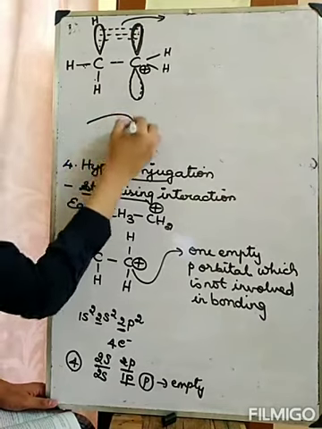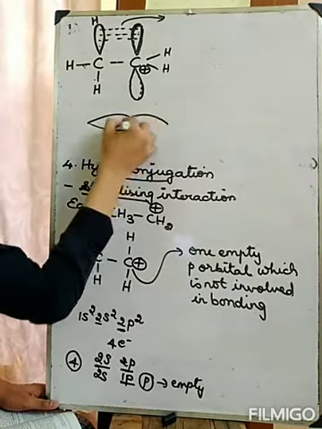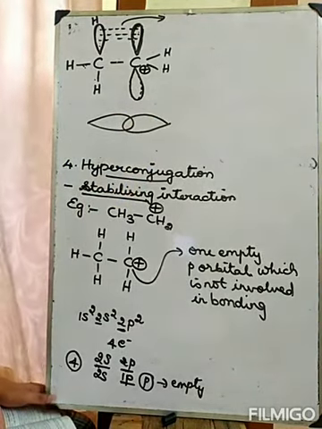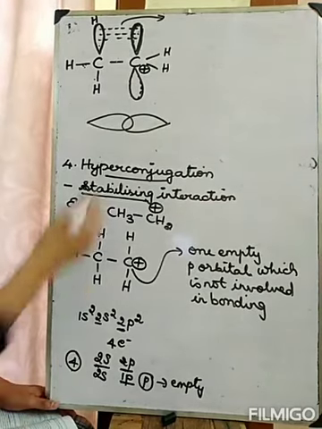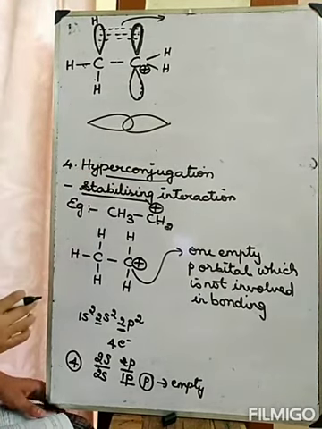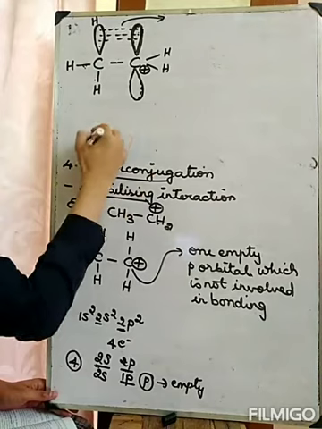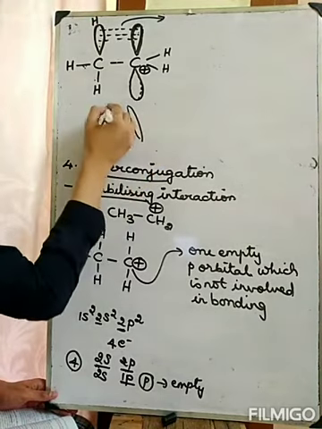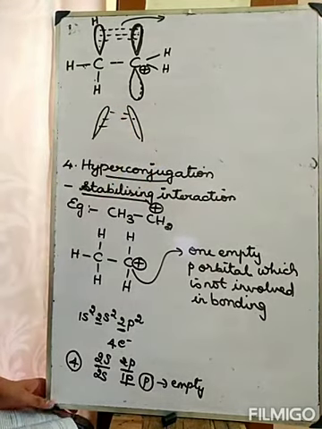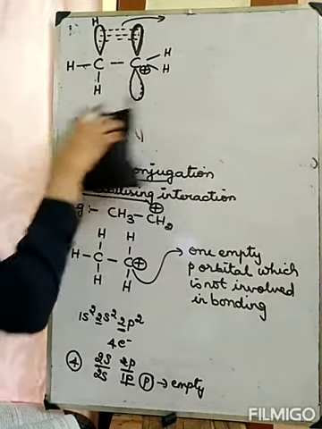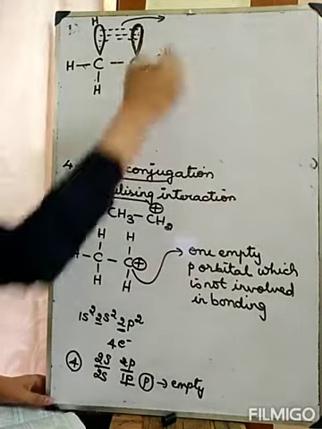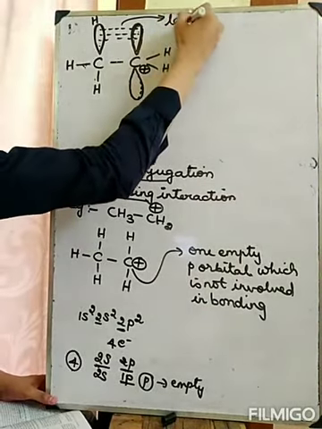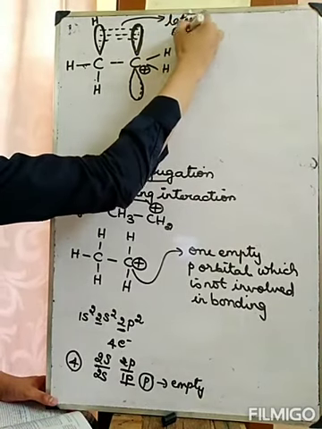If it overlaps like this, it is called head-on overlap, head and head is overlapping. If it overlaps like this, we will call it lateral overlap. So it will undergo lateral overlap.